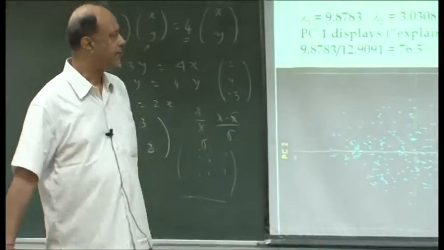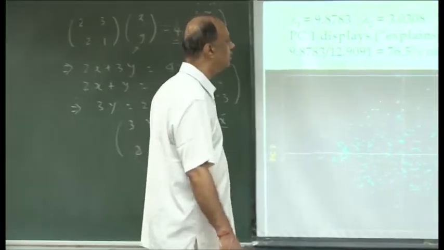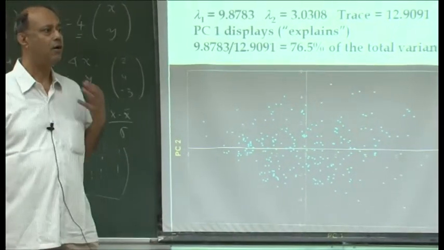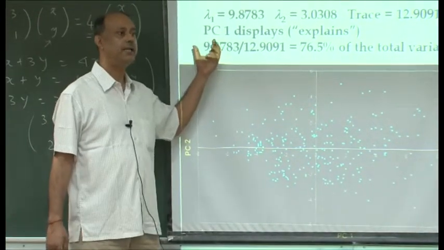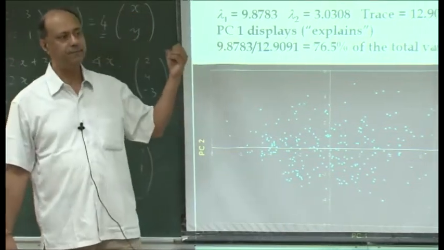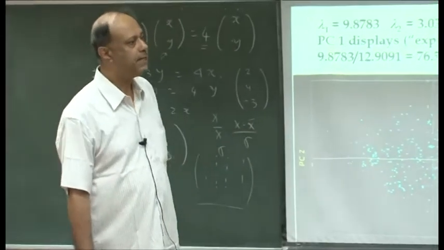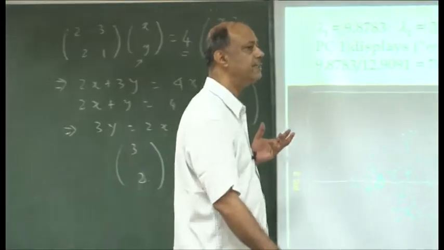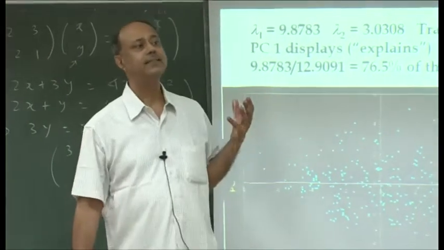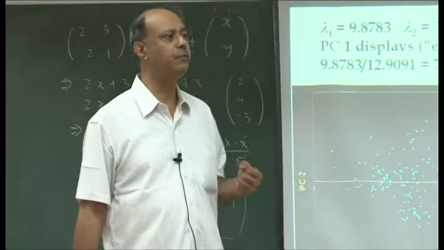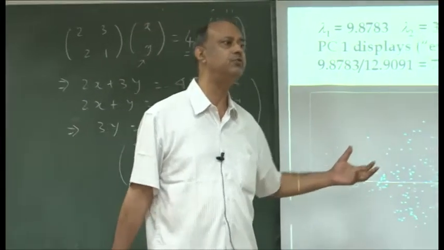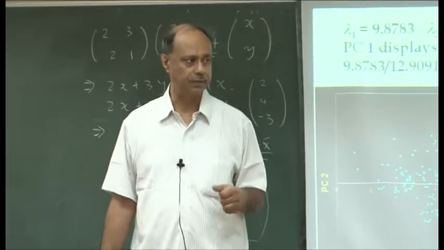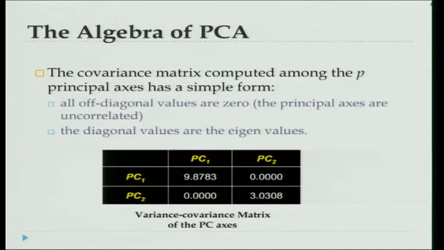Now it may so happen that there are three principal components, and you find out how much information you are getting through lambda 1 divided by lambda 1 plus lambda 2 plus lambda 3, then lambda 2 by lambda 1 plus lambda 2 plus lambda 3. If you take the sum and find that it comes to 99%, that means you will be getting 99% of the information if you consider only these two components, and you do not consider the third one.